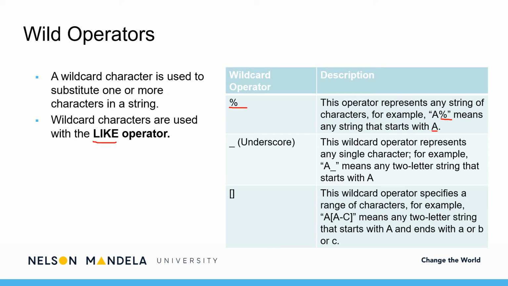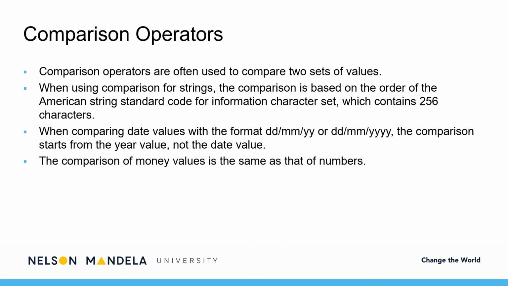If you put an underscore, then you look for a string that starts with the A and has at least 2 letters. And if you use square brackets and specify data inside them, then the name should start with an A and then have A, B, or C.